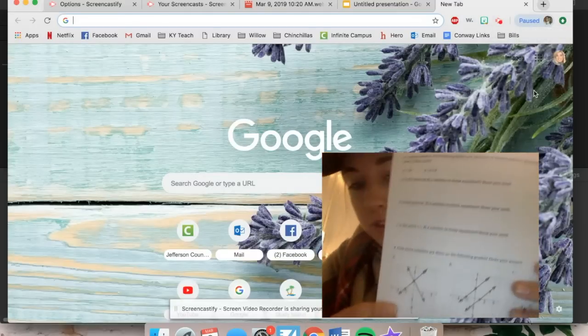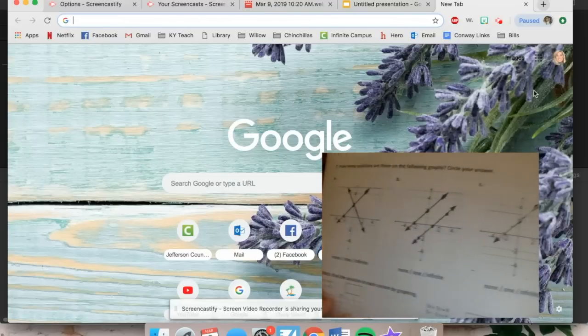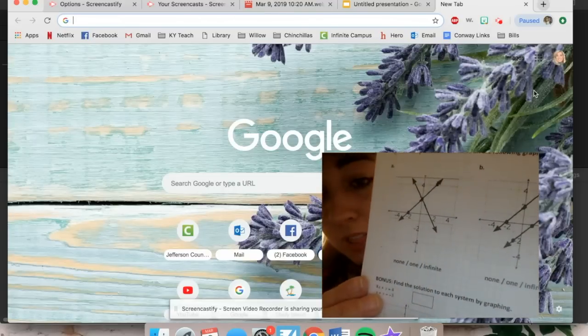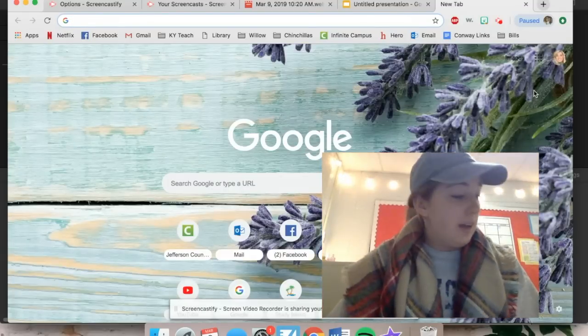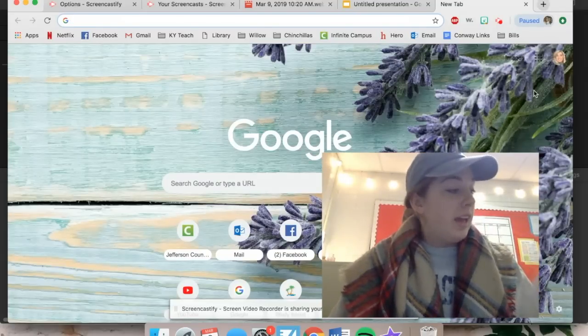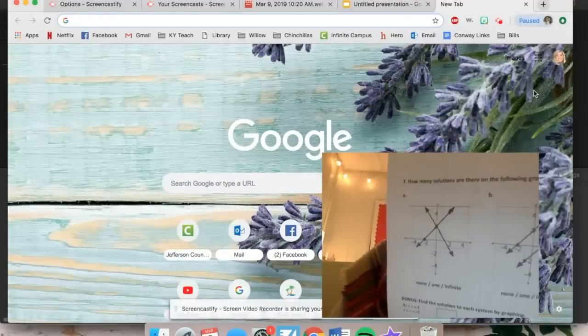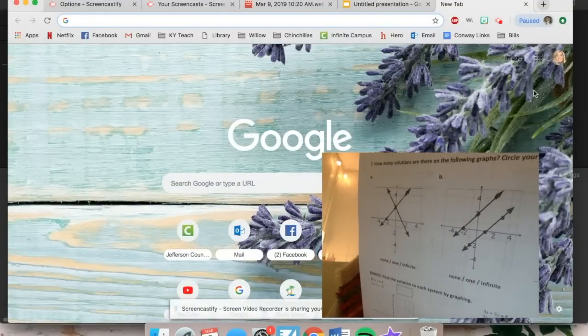All right, so for number 7, you are given 3 different graphs and you have to tell me how many solutions each one has. So when we ask for a number of solutions, that means how many times do these lines intersect? A, look at it. How many times do these lines intersect? B, do those lines intersect?